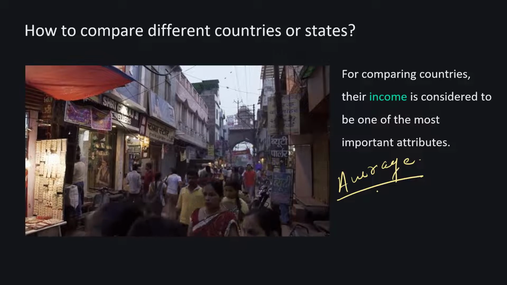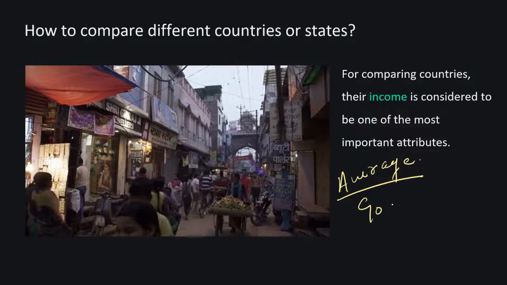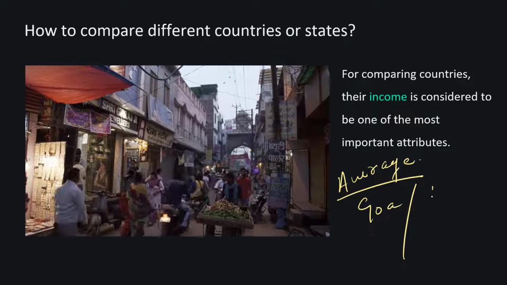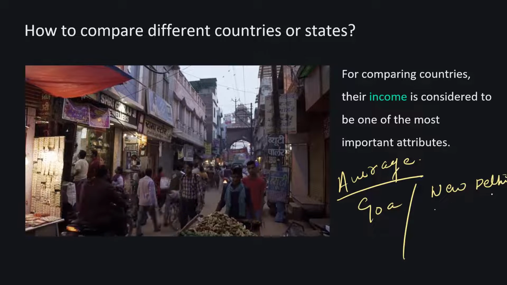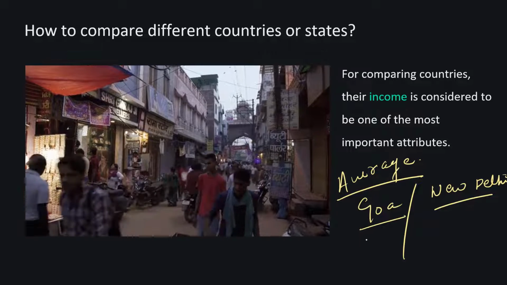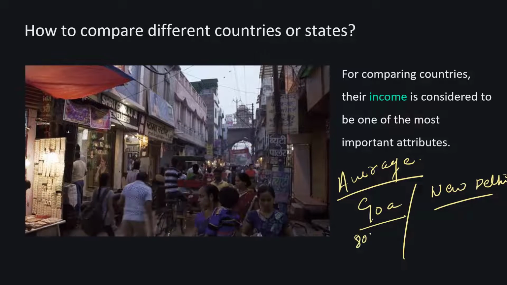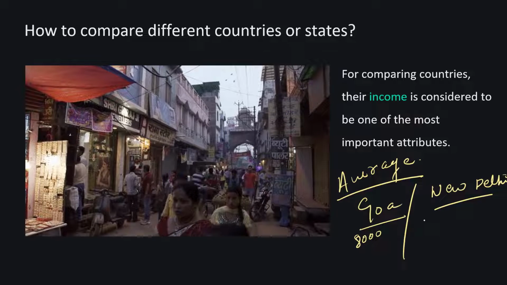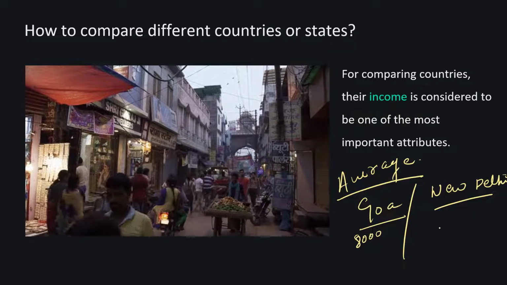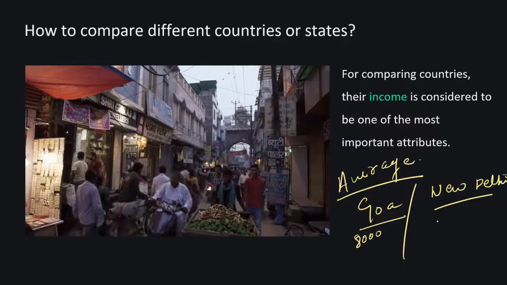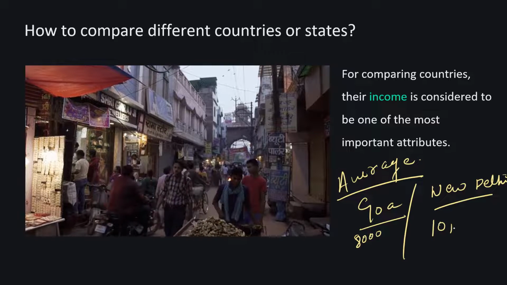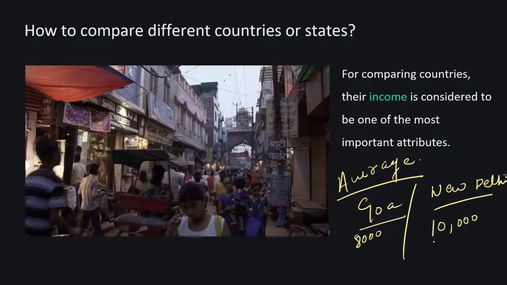In the example, let me take Goa and New Delhi. For example, the per capita income of the state of Goa is 8,000. We will be taking very minimal numbers, so 8,000 is fine. And for New Delhi, the per capita income, let's just take 10,000, considering the population.